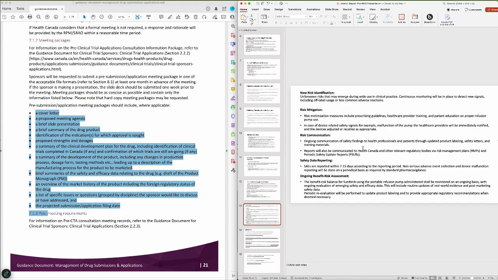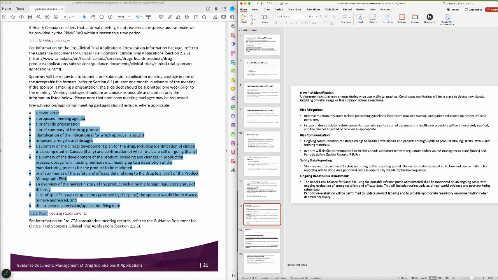Then we are going to look into how we are going to again identify new risks. Here we talk about risk mitigation or prevention of risks. Risk communication, so communicating potential risk with Health Canada, but also with all of the stakeholders in the company, with patients, and then the company that is going to be in charge of preventing those risks.